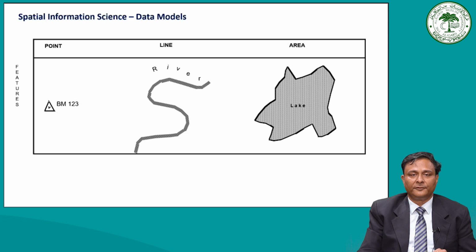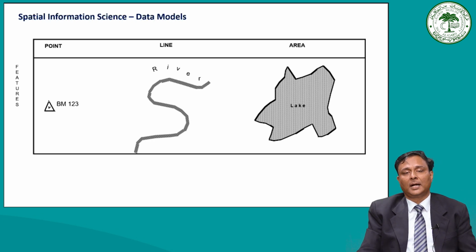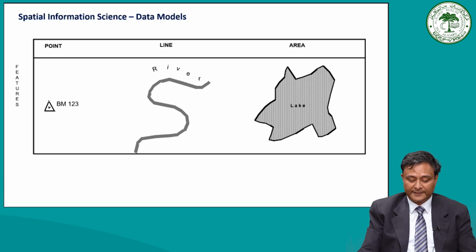In this feature model, the point information is represented as an elevation mark, elevation above the mean sea level. A line feature example is any river, and an area feature example can be a lake. It can be very easily identified in this diagram.